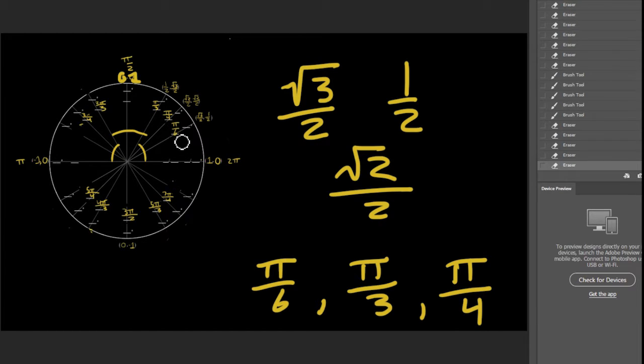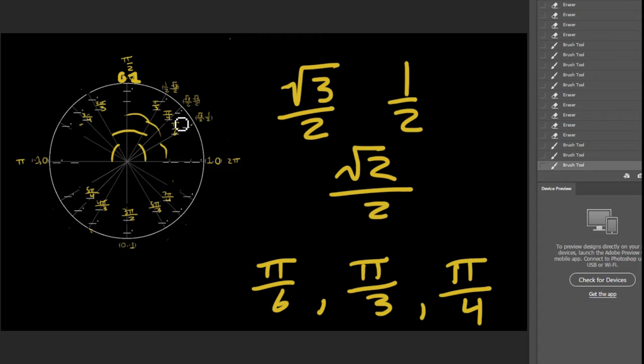Then most of the pi over 6 values are just filled in for you now, because they can be simplified to whatever pi over 3 has to offer. So say 2 pi over 6 simplifies to pi over 3. So that's taken care of. You jump over here, and you jump over here.